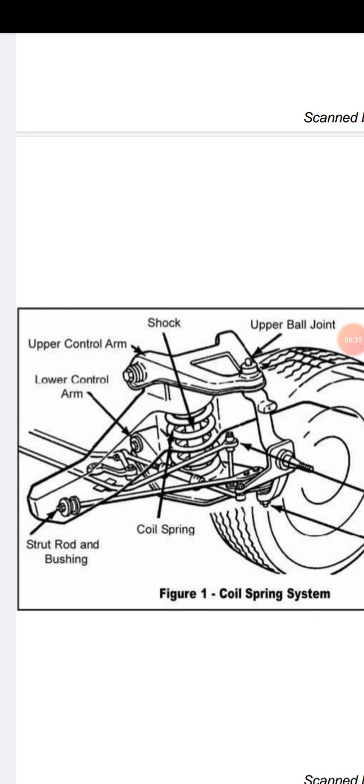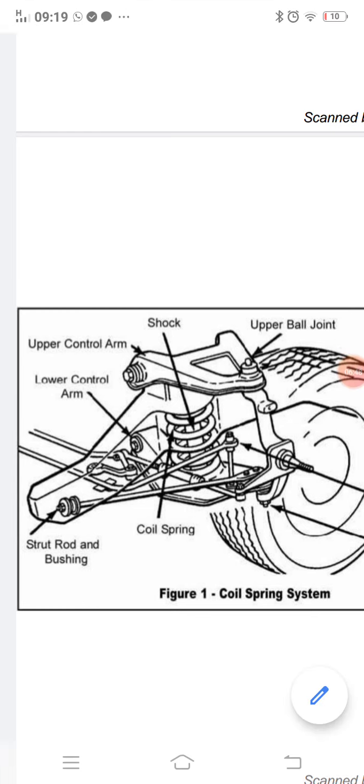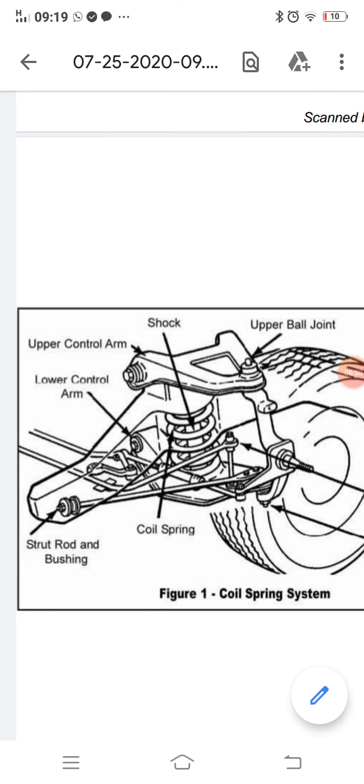In that case the struts are assembled with the coil spring so that it can perform very smoothly. But the McPherson strut, as compared to only the coil spring suspension system, has increased weight.